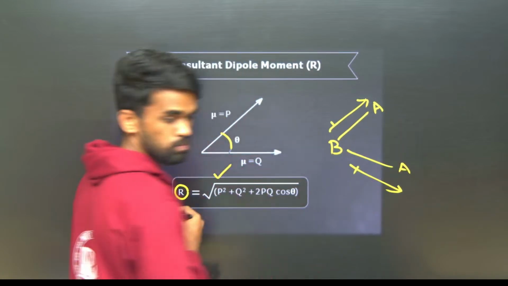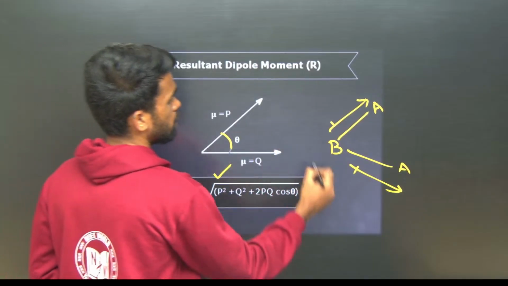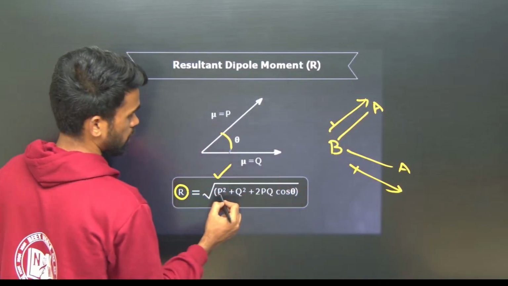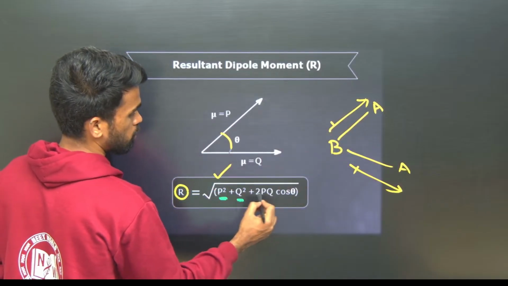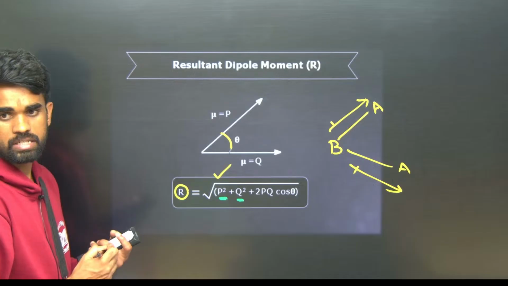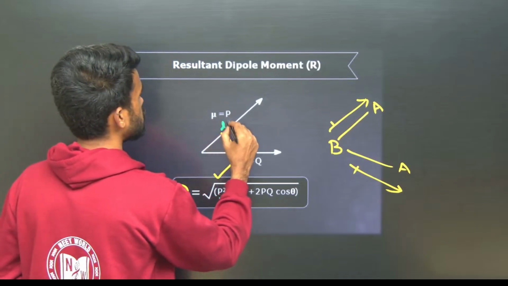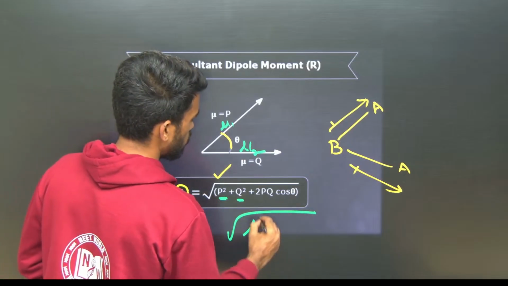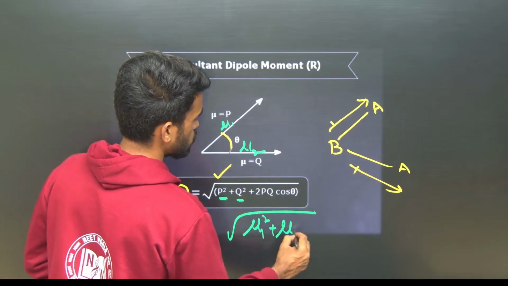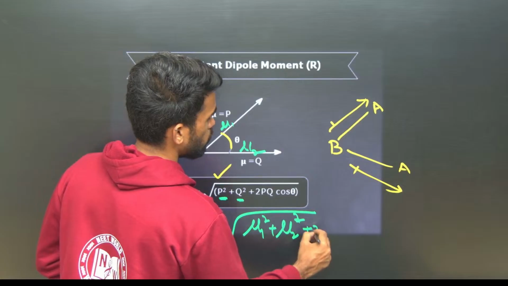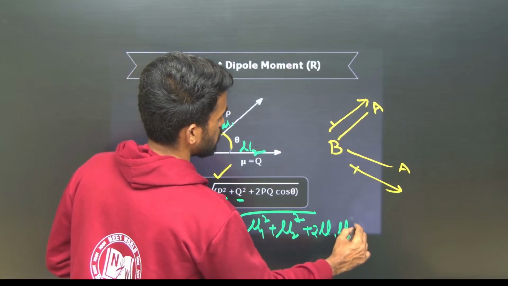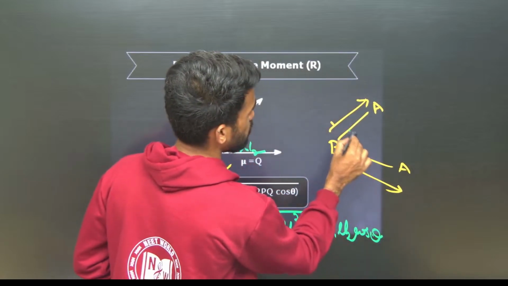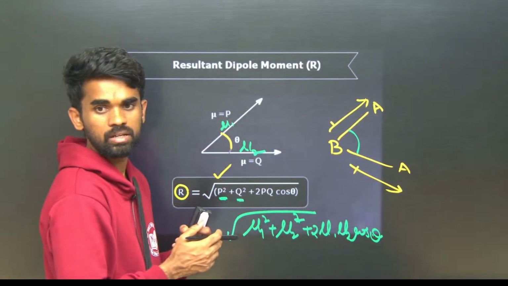So the resultant mu is equal to the root of mu1 square plus mu2 square plus 2 mu1 mu2 cos theta, where mu1 and mu2 are the two bond dipoles. Theta represents the angle between these two bonds.